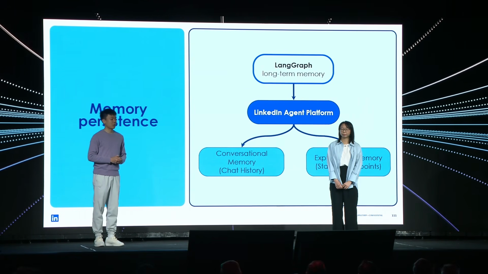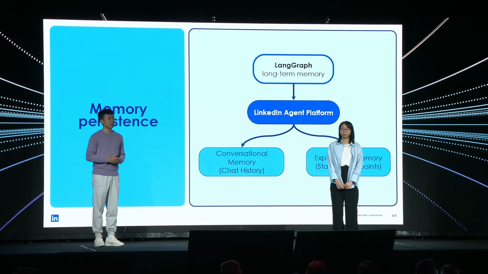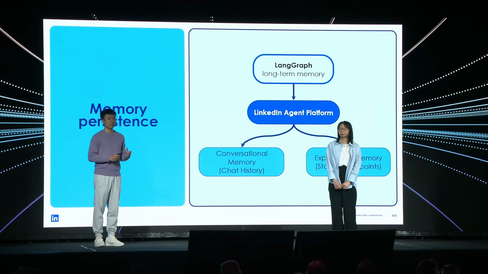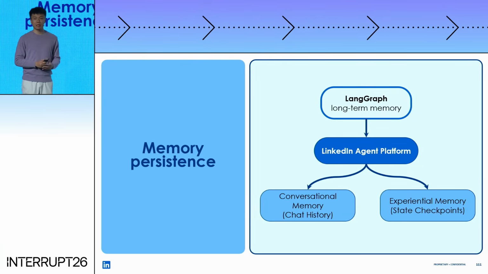Next, I'm going to talk about how we integrate LangGraph primitives within LinkedIn and how specifically our hiring agent does. Internally, there is a LinkedIn agent platform which talks to both LangGraph as well as our internal systems, including our messaging platform. There are two types of memory persistence mechanism within the LinkedIn agent platform.